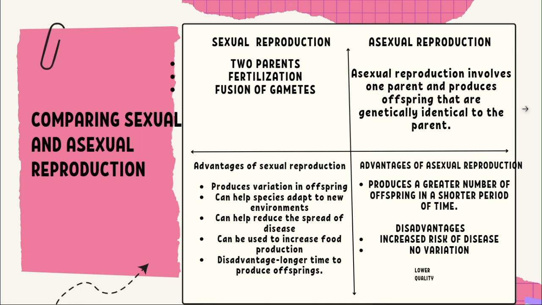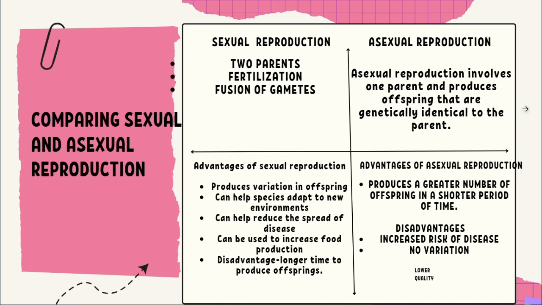Asexual reproduction is a big difference, and you can note this down. If a question asks what is the difference, or to name two or three differences between sexual and asexual reproduction, you can say that sexual reproduction involves male and female gametes and fusion of gametes, while asexual reproduction involves no gametes and no fusion of gametes whatsoever.